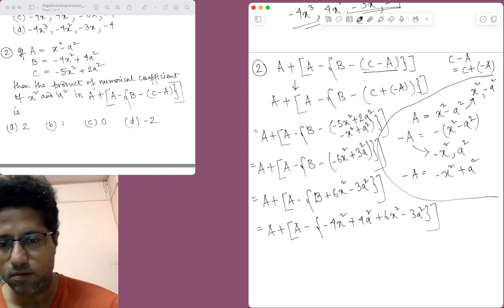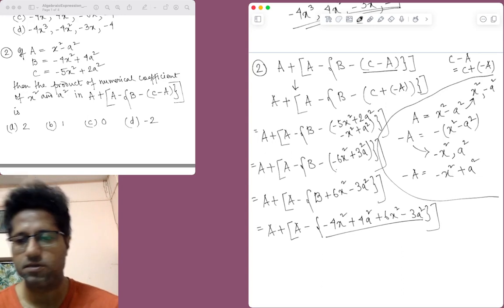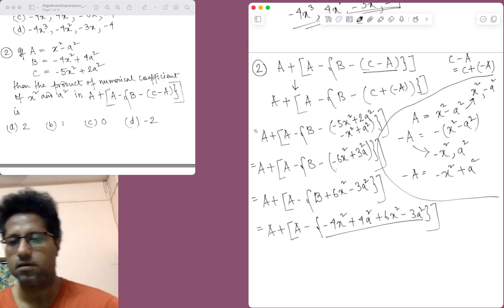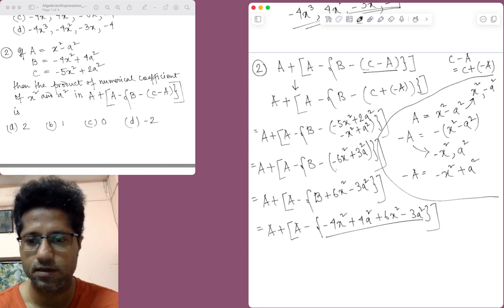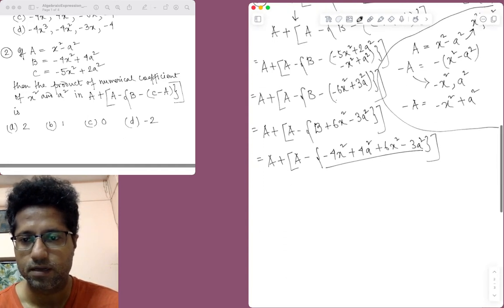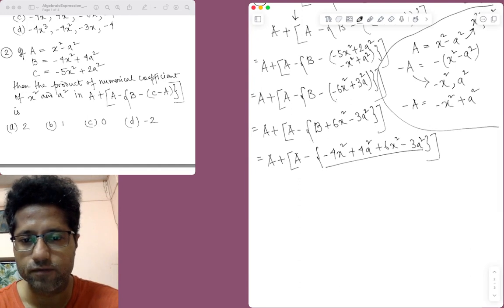Now we have to evaluate the expression inside the next grouping symbol, that is the curly brace. Here we have some like terms, so we have to combine them.